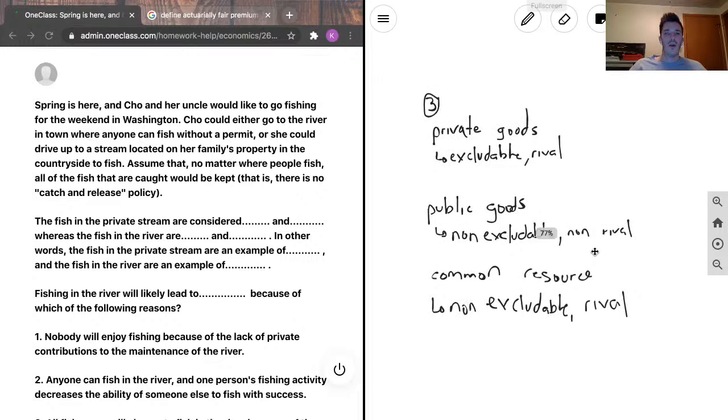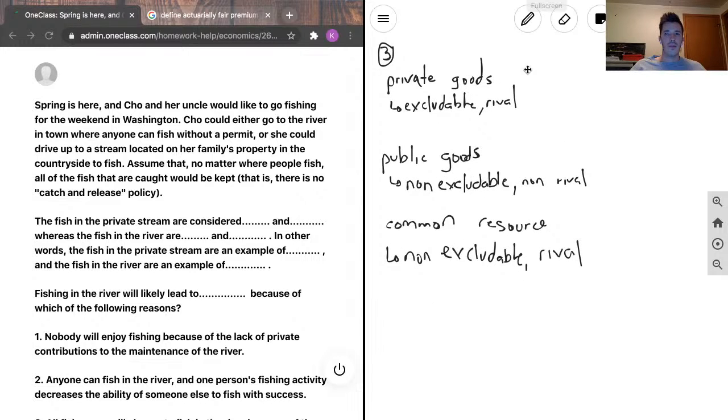So what they're looking for here, answers are, fish in the private stream are considered private goods. I think it's actually probably looking for excludable and rival.